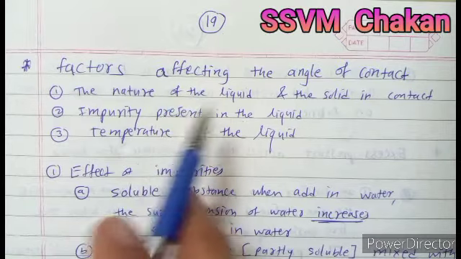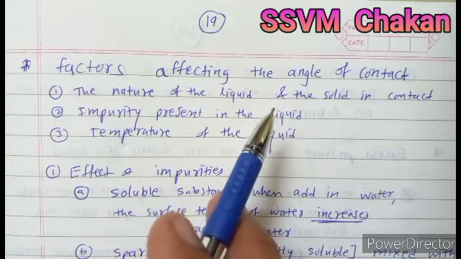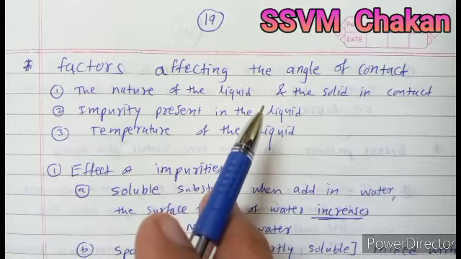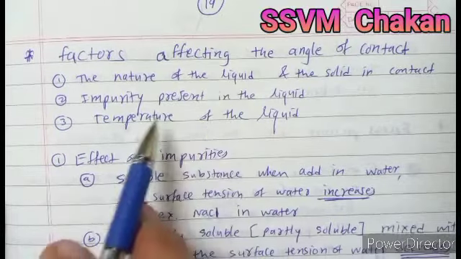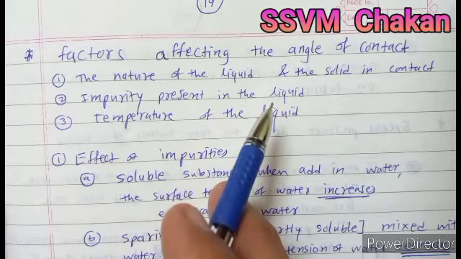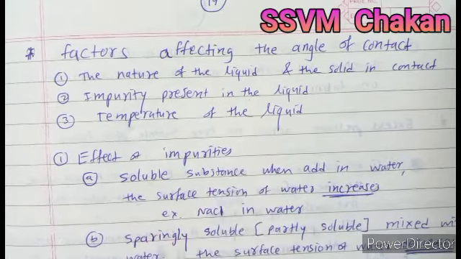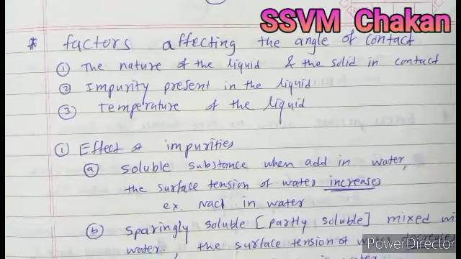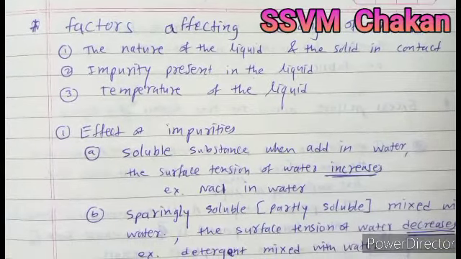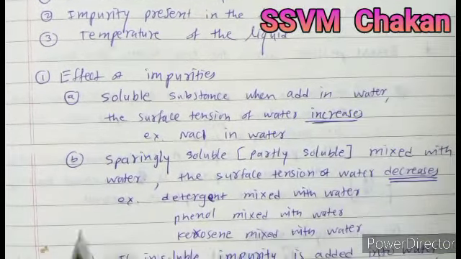That means the nature of liquid and solid changes the angle of contact. Impurity present in the liquid also affects the angle of contact. Temperature of a liquid also affects the angle of contact. What those effects are, we see in the next point.